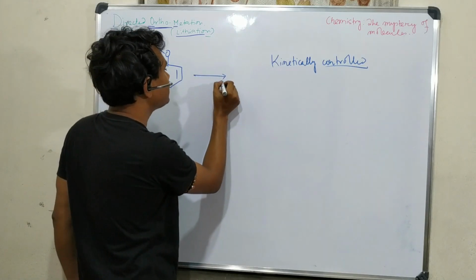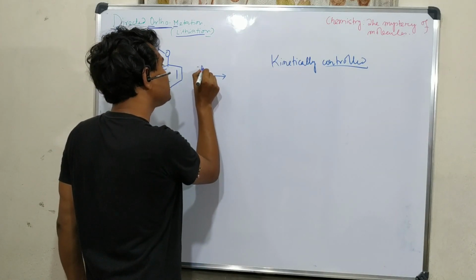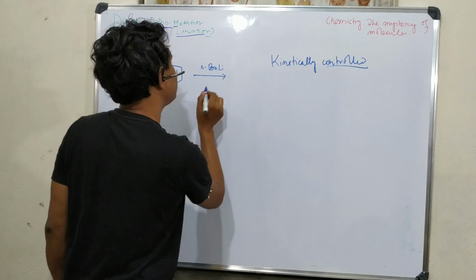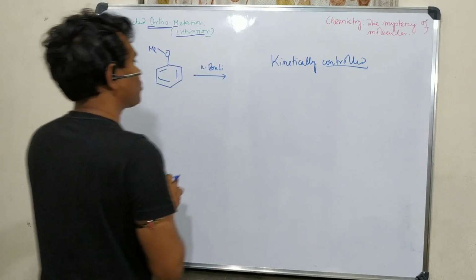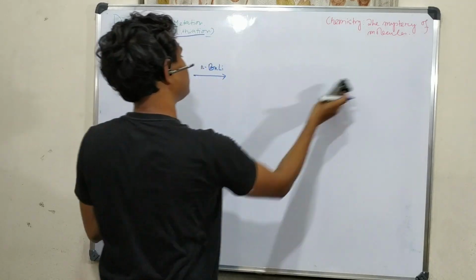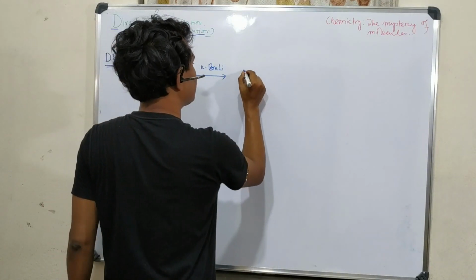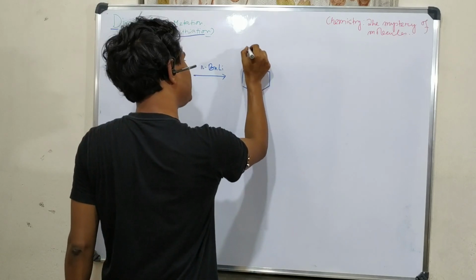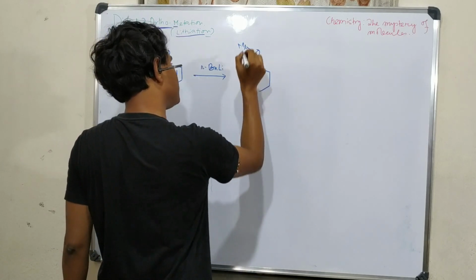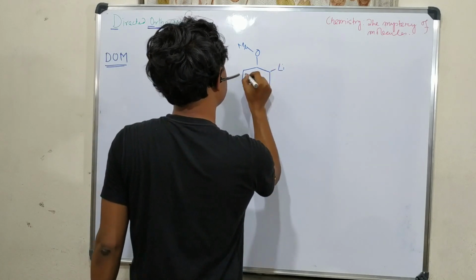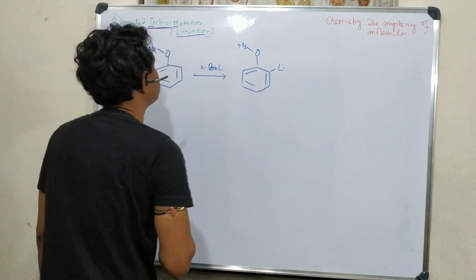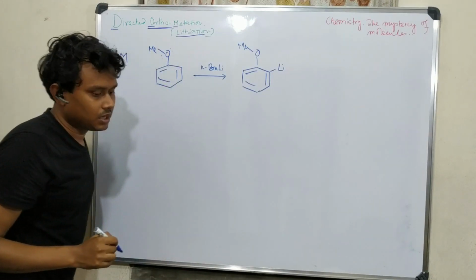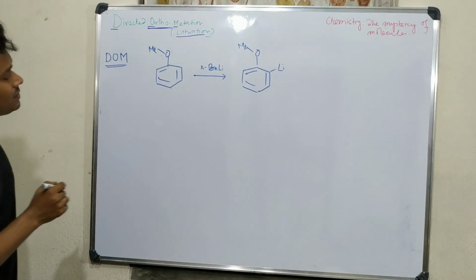We'll add n-BuLi and this will result in the formation of this ortho-lithiation product at low temperature. This is lithium, and this oxygen must have a lone pair. How is this reaction happening?